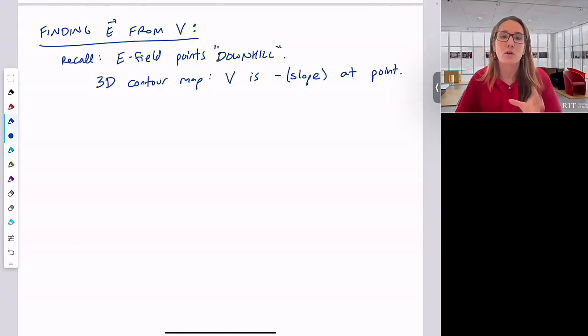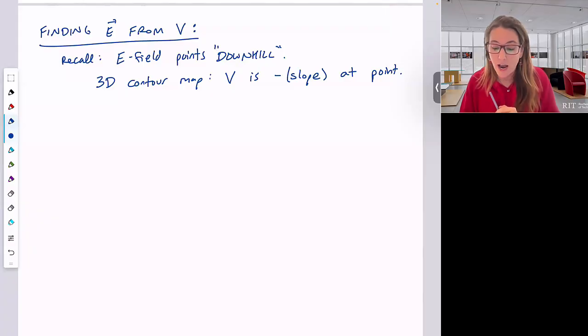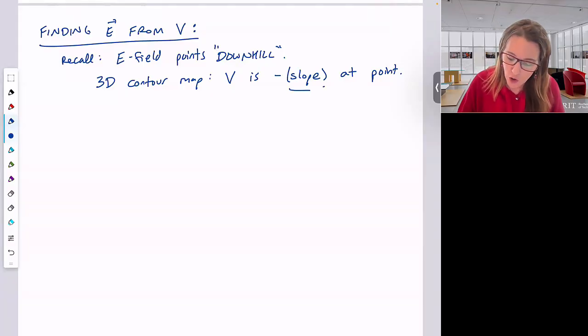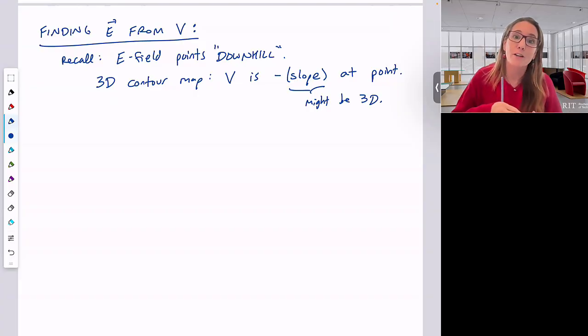If you imagine a really complicated contour map in 3D, and you take a point on that map and ask which way a ball would go, it's going to go downward, that's the negative, and then the slope. And the slope might be 3D. There might be an X component to the slope, kind of like a horizontal shift, a Y component, another horizontal shift, and then a Z component. So we can have that.